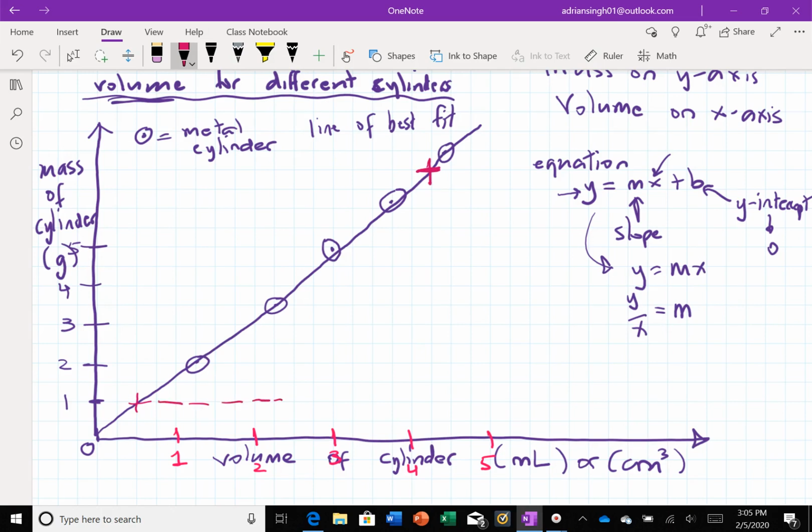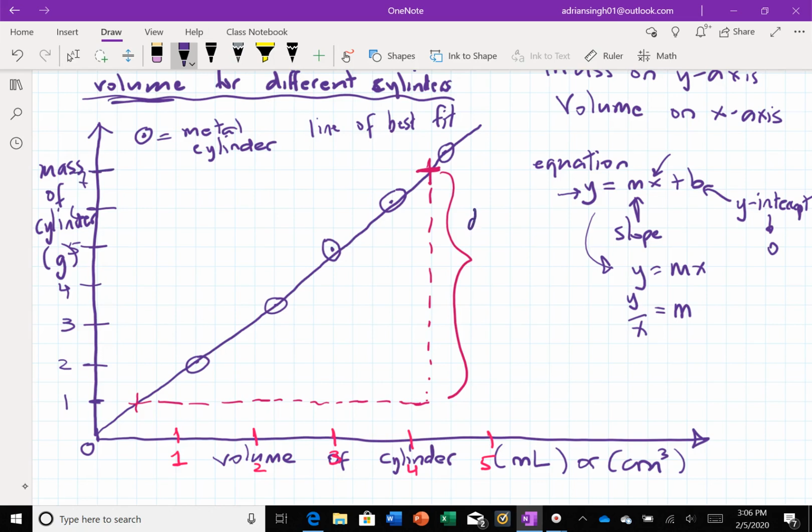And I'm going to calculate the slope, which is simply how much the y value changed compared to the x value. So this is the y difference, and let's say this is 5, this would be 6, and then this would be 7.